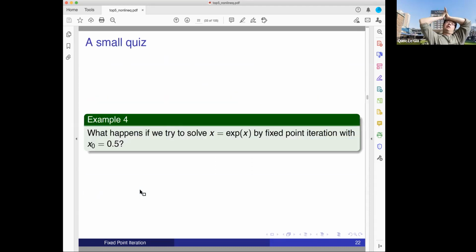Now, how do you know whether this method converges or not? Suppose I try to solve x equals e to the x by fixed point iteration. Do I have convergence or not? You can play around with this to see whether you have convergence or not.